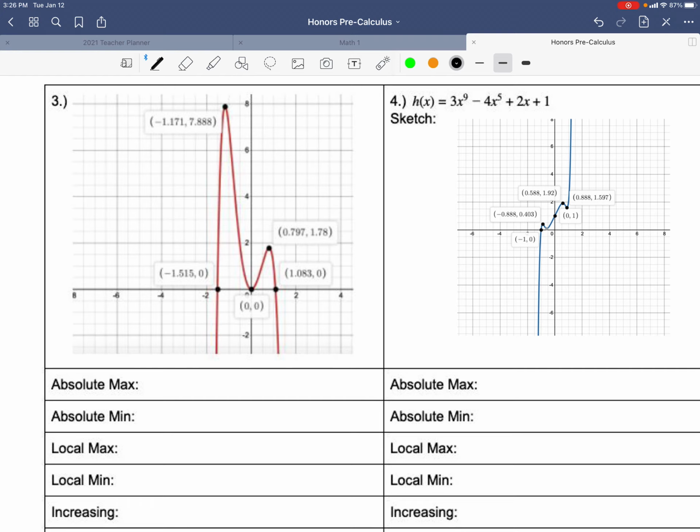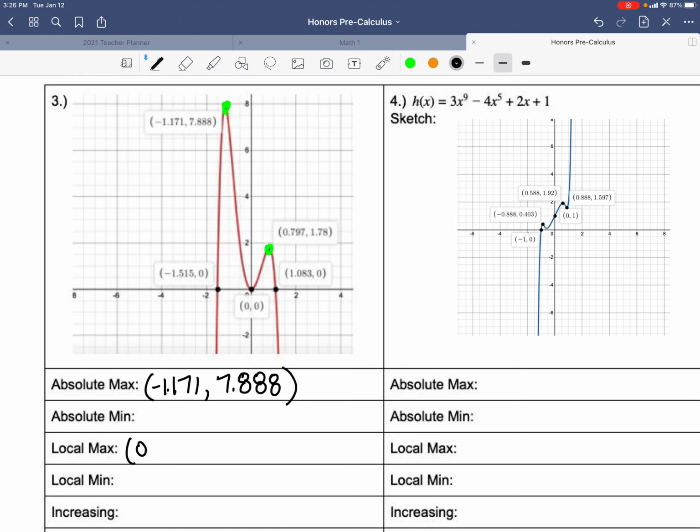All right, so again, we have maximums and we have minimums. So I have a maximum here and here. So that's going to give me an absolute maximum because it's absolutely the highest point of the whole graph. And that's going to be located at negative 1.171 and 7.888.